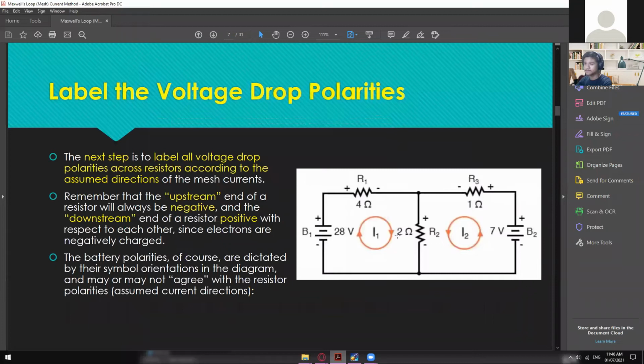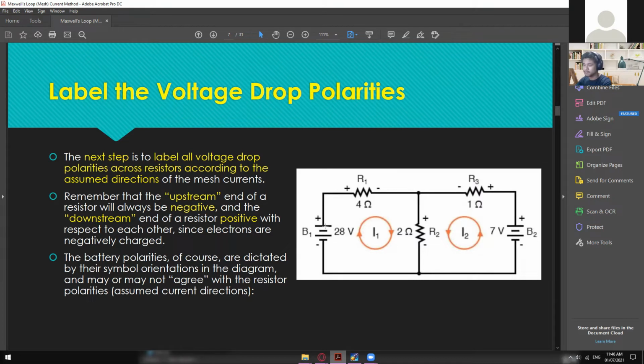So after identifying the loop, we can now label the voltage drop polarities. So of course we have here the negative, positive, and then in here, since it's a voltage drop, we have here the positive and negative. So it is not negative and positive, since we are considering the outer or the leading symbol of the voltage source.